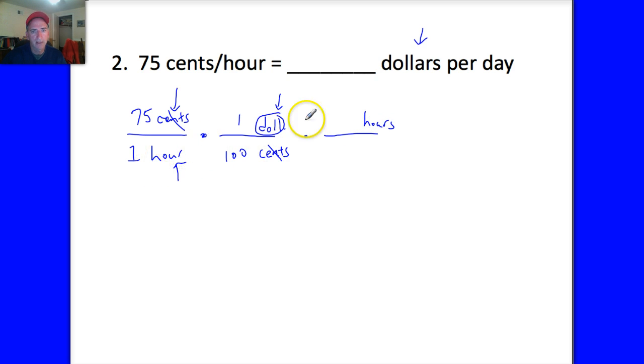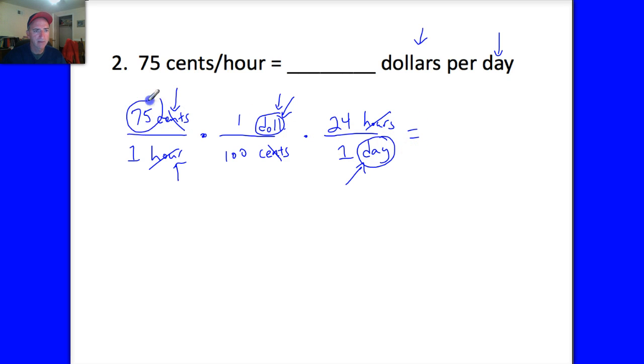Because I want that to cancel that. So do I know how many hours are in a day? Because I want to turn it into days. Yep, I know that 24 hours is equal to 1 day. Now, that cancels out that, and there's my denominator unit. So here you've got dollars per day. Right, you see how that works?